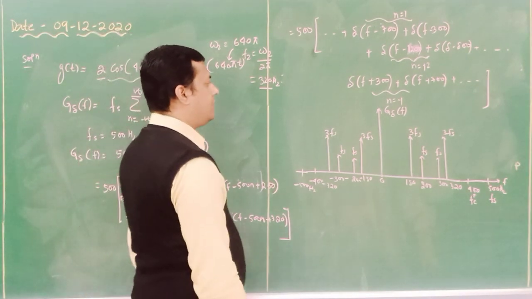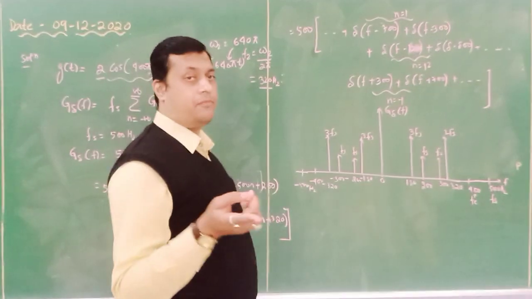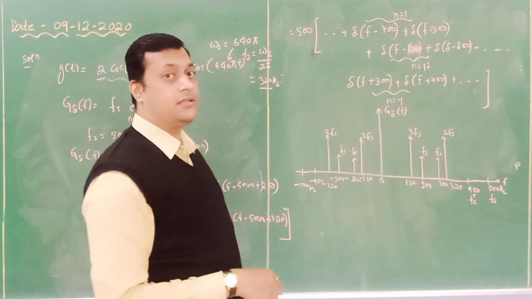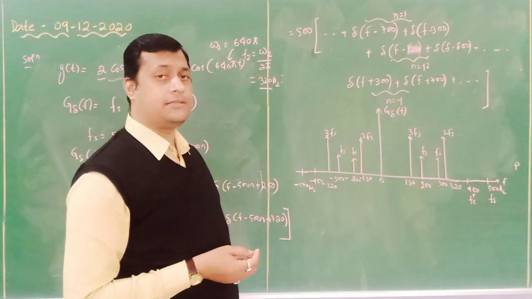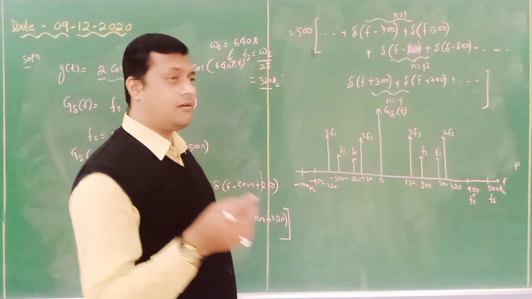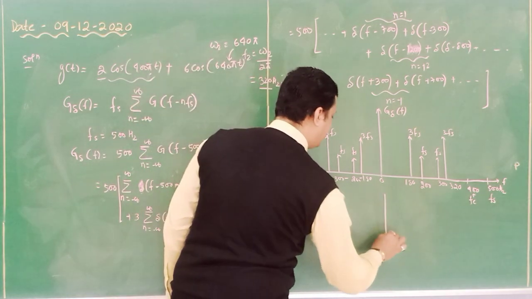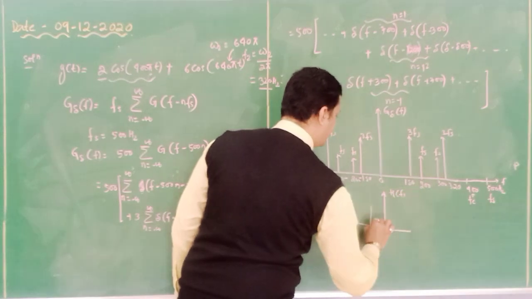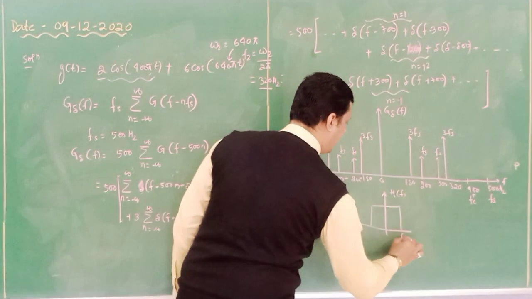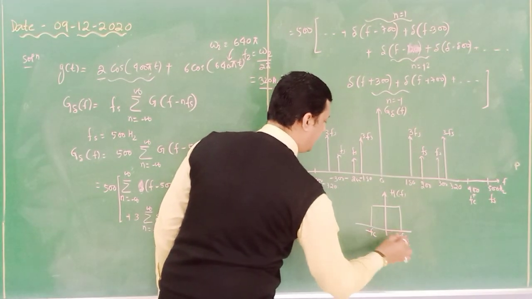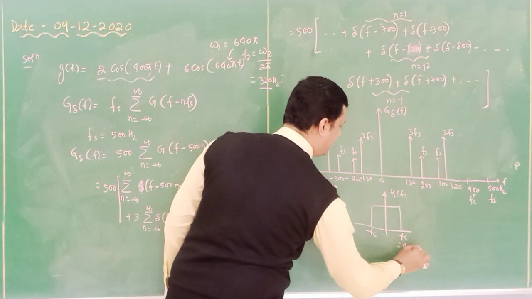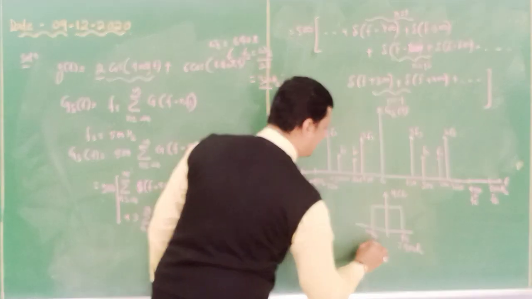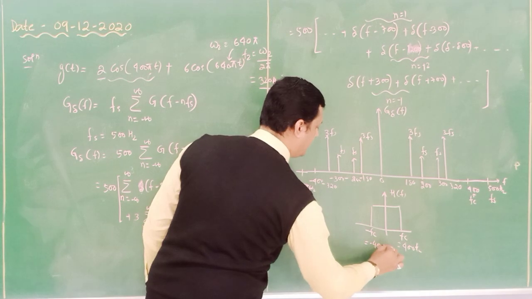Okay. Now we have to pass this sample signal through the low pass filter, and the response of the low pass filter, that is h of f, is having cutoff frequency fc, and this is minus fc. Fc we have given 400 Hz and this is minus 400 Hz.